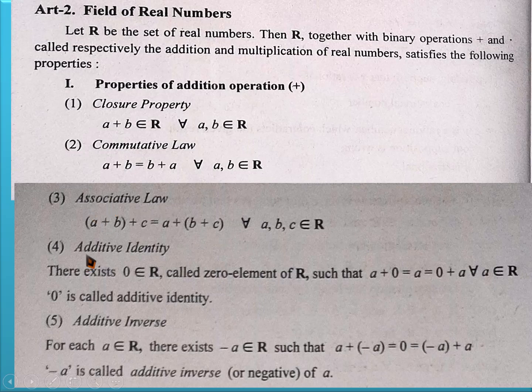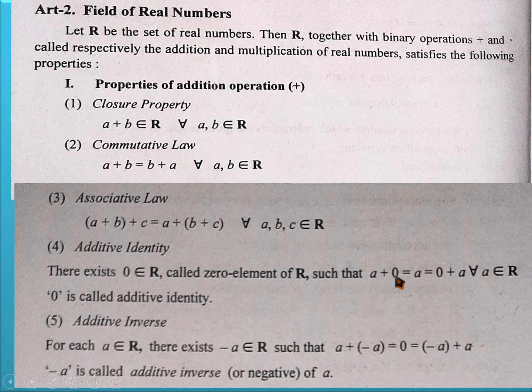Next is additive identity. Now here is a unique element from R. If we add this element, that is 0, to any element a of R, we get no change. Okay, a plus 0 equals a equals 0 plus a.